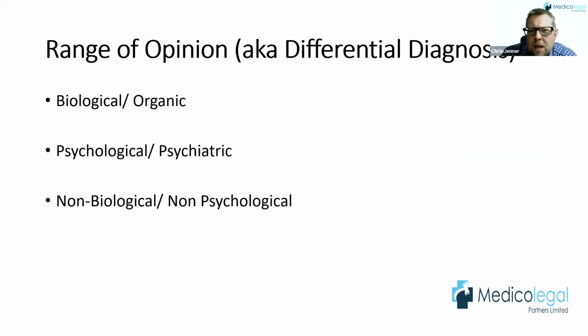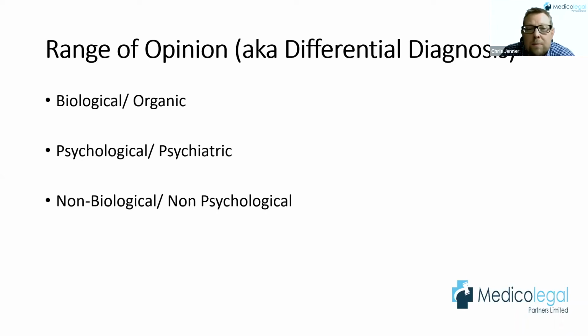We then put in the reports a range of opinion. So in medical speak, we call that a differential diagnosis. But when we're dealing with medico-legal cases, we just call it a range of opinion. And there's really three major categories. Number one, is there a biological or organic differential diagnosis? So this would be, does the person have CRPS, complex regional pain syndrome.